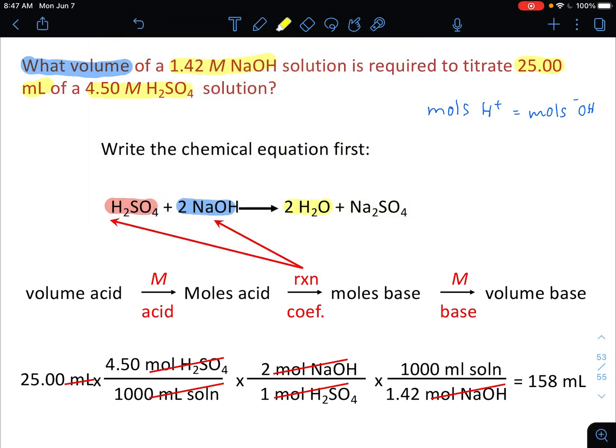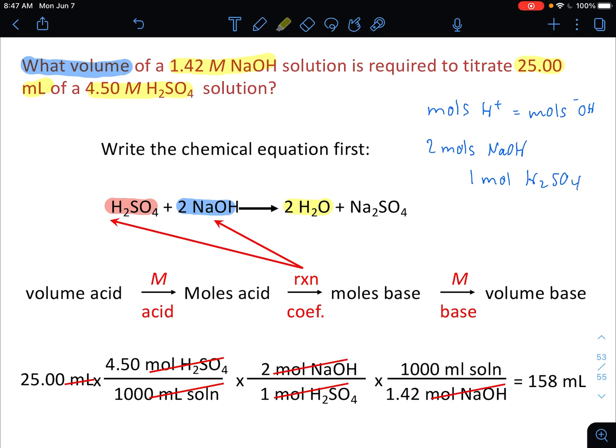And then again, we make water, but 2 moles of water, and then the leftover is sodium sulfate. So we should just note 2 moles NaOH, 1 mole H2SO4.